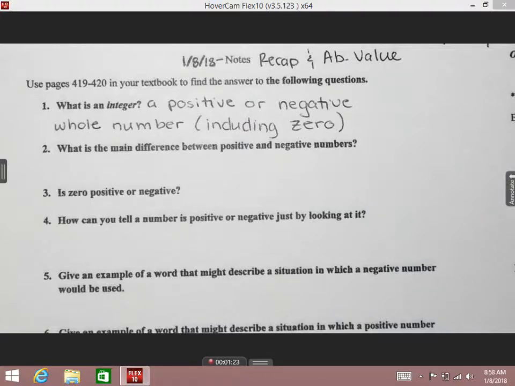What is the main difference between positive and negative numbers? So when we're thinking about this, I want you to think about a number line. On a number line, what's the difference between 2 and negative 2? Taylor? Negative 2 is under 0. Okay, so negative 2 is going to be under the 0. A positive 2 is going to be over the 0. So what does that mean directionally on the number line?